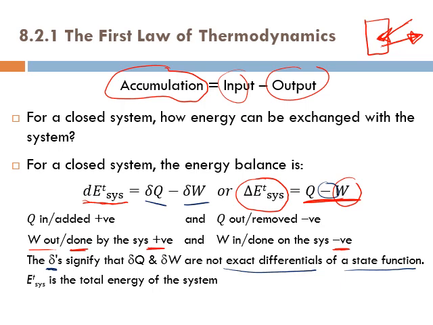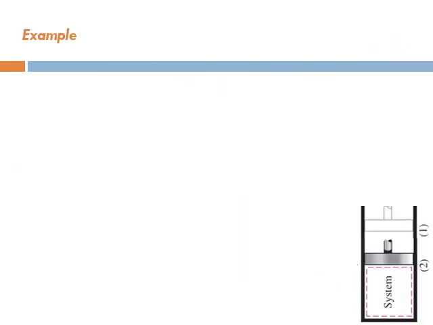I know that Q and W are not state functions, right? They are path functions. So the derivative of a path function is an inexact derivative. And for an inexact derivative, we don't write d, we write delta. And of course, E total of the system is the total energy of the system.